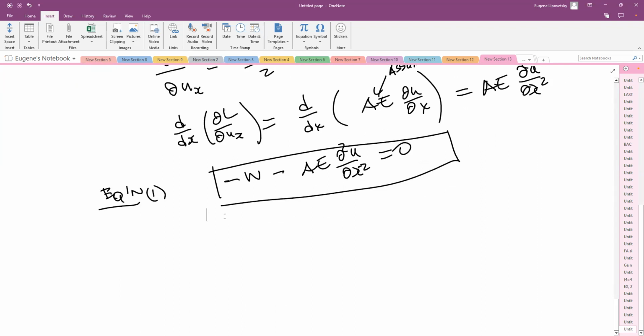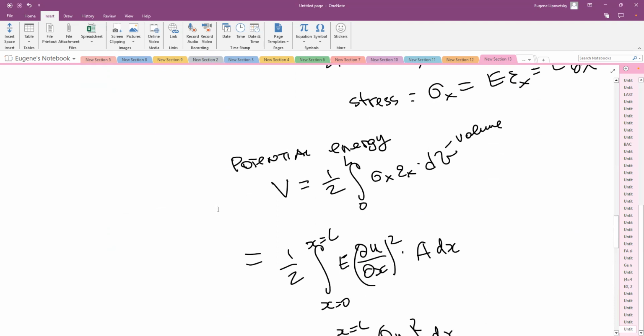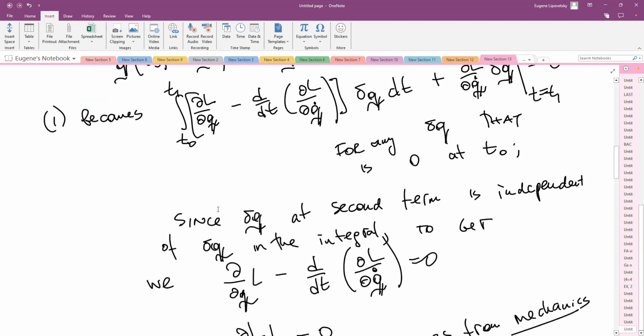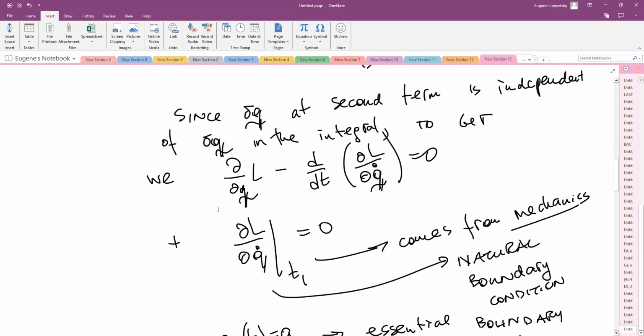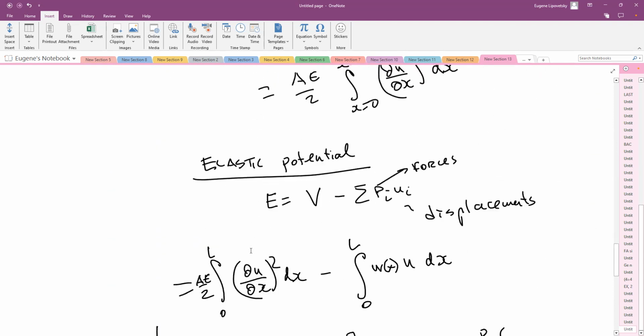Equation number 2, let's look back at what we obtained here, right? At the right end, we'll have dL over du at x1 equals 0.